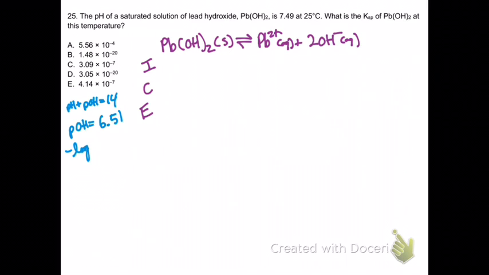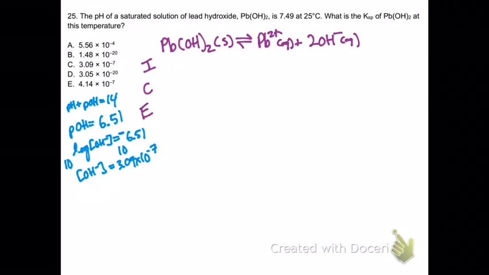So this means the negative log of the hydroxide ion concentration is equal to 6.51. Multiply both sides by -1. When we do, we'll get the log of hydroxide concentration is equal to -6.51. Then do 10 to both powers, and we'll get our hydroxide ion concentration, which is equal to 3.09 times 10 to the -7th.